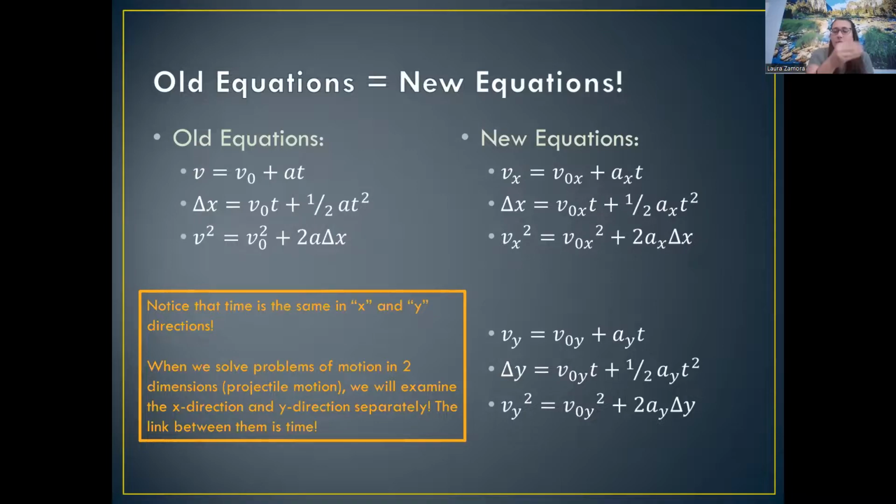So time for horizontal motion and vertical motion for a particular object is the same. That's our linking variable, and it's important to know that time links both directions together. As we go from here, in all of the future examples we'll treat our horizontal motion as completely separate from our vertical motion, except for that variable time.